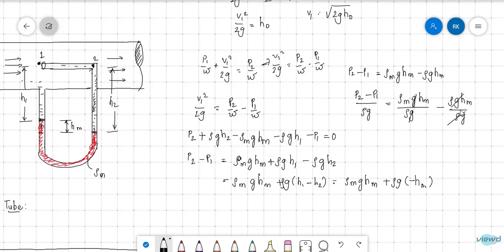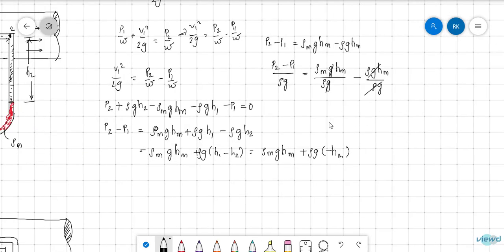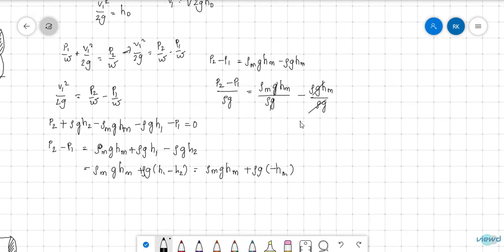Here rho G gets cancelled. From this, P2 minus P1 by W is equal to, taking Hm common, rho m by rho minus 1. So this we are indicating with h. So h is equal to Hm into rho m by rho minus 1.